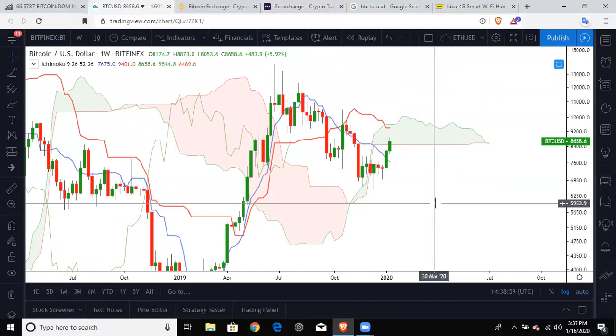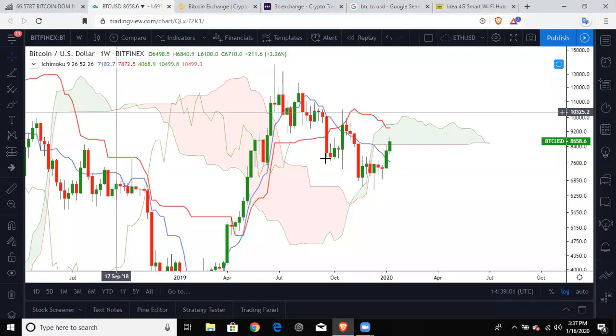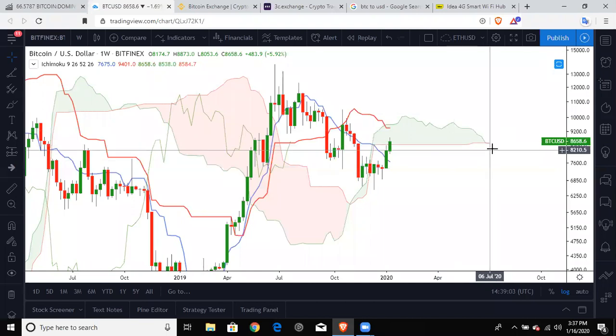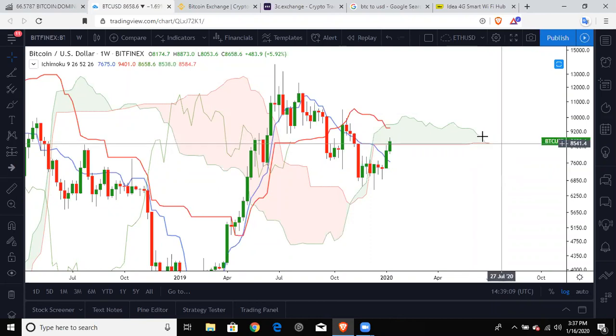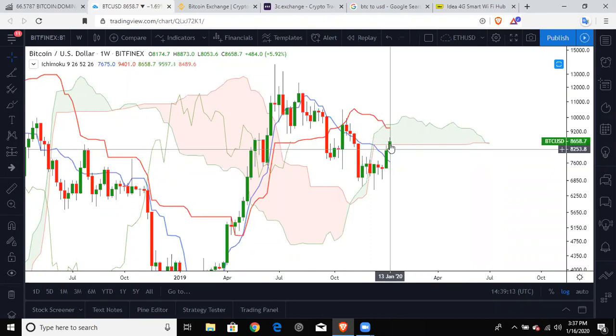Why I said so is this: this future cloud is turning bearish, but at the same time it can turn bullish. Price is inside the cloud here.